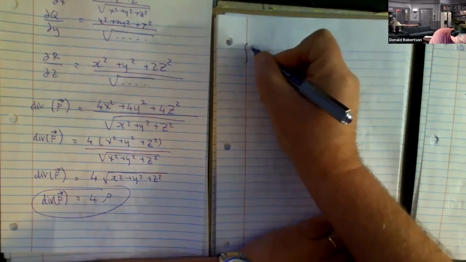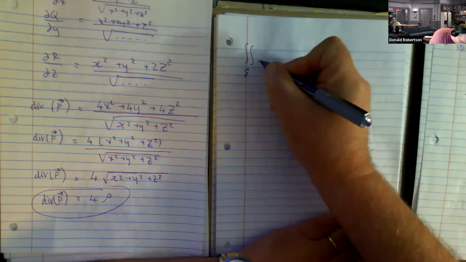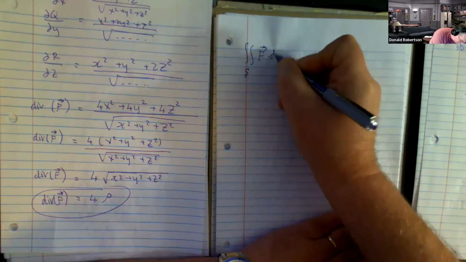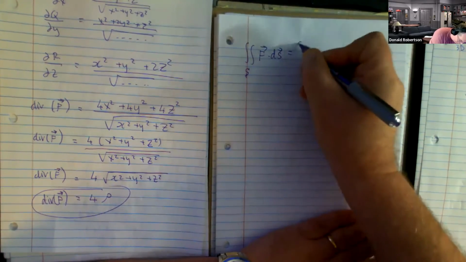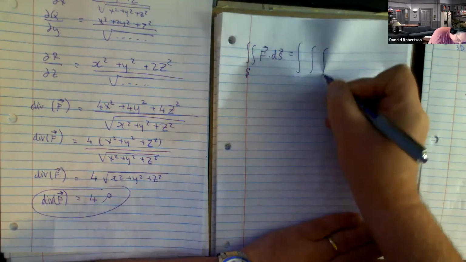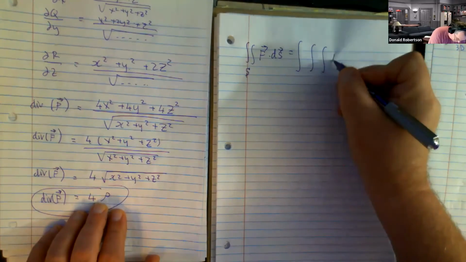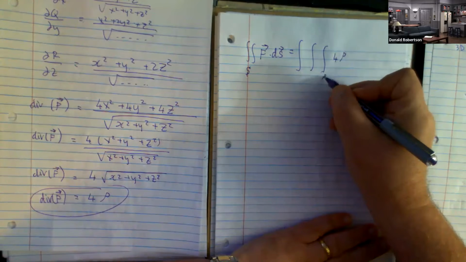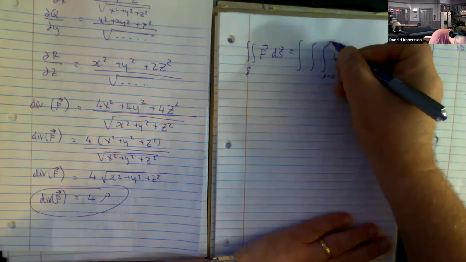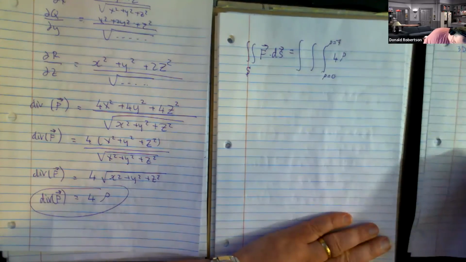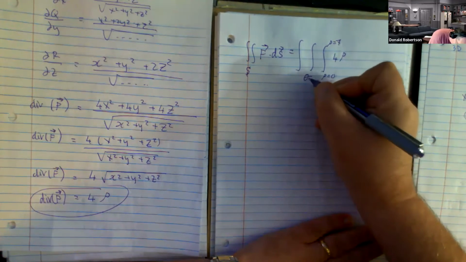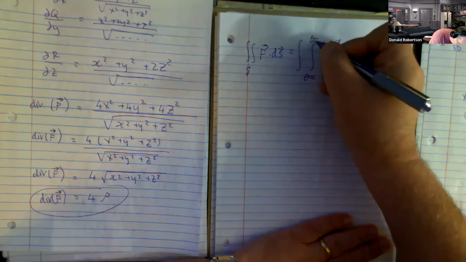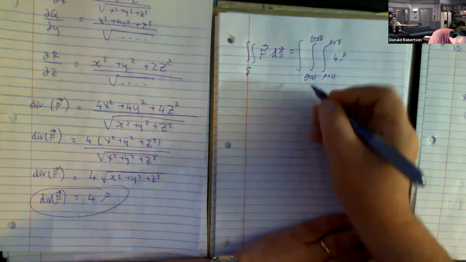So the surface integral, called the flux, is going to be, in spherical, the divergence, which is 4 rho. We are going to do rho equals 0 to 7, check. Theta equals 0 to 2 pi, check.